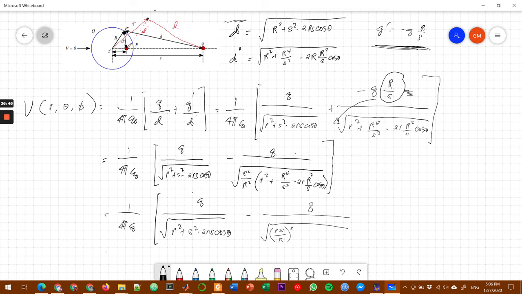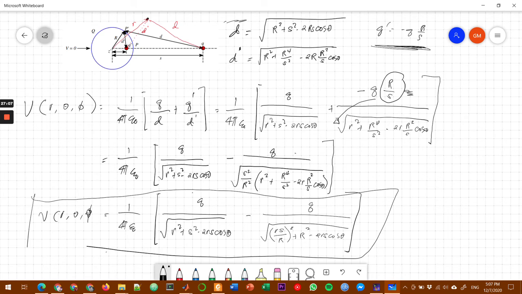You have to do the details yourself, the distribution, but this will be the result to keep you guided. Okay, so this is our final form of the potential anywhere given this system of a charge and a conducting sphere. So this is the potential.